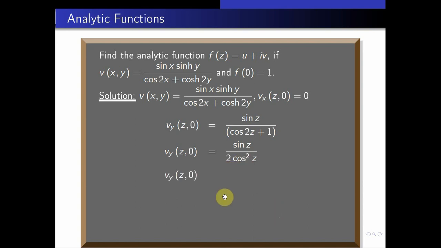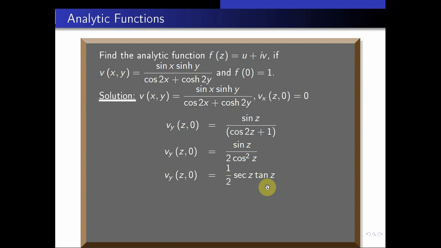We can simplify this: 1 by 2 into sin z by cos z into 1 by cos z. So 1 by cos z is secant z, sin z by cos z is tan z. So Vy of z comma 0 is equal to half into secant z tan z.